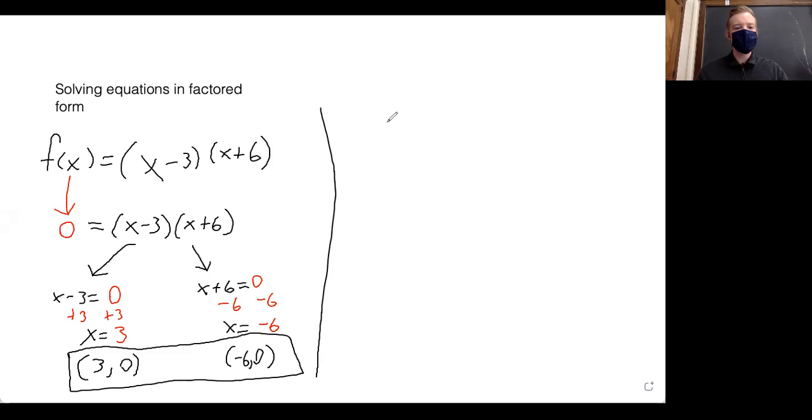All right, so this time let's have f of x equals, let's say, negative 4 times (x plus 5) times (x plus 5). So just like before, we want to turn this f of x into 0.